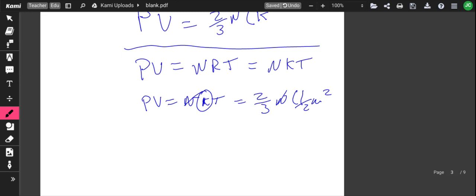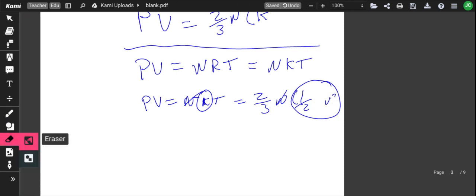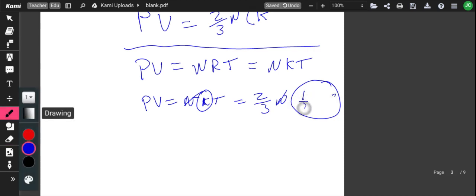And so this is the big takeaway: if nKT is equal to 2/3 N times 1/2 mv squared, then the K value, again a constant, means T is proportional to 1/2 mv squared.